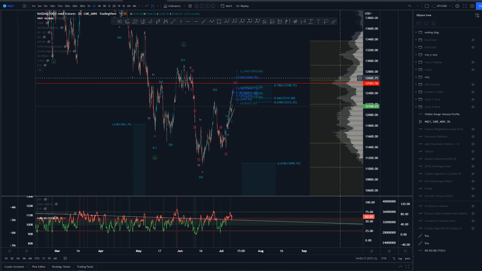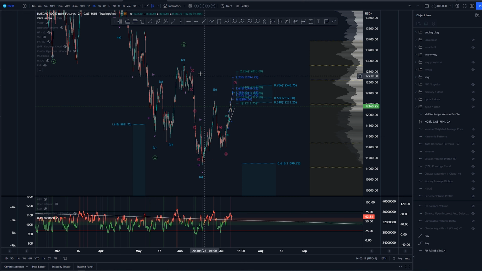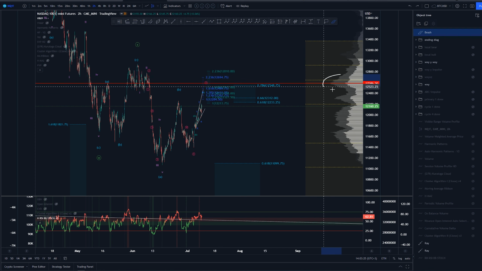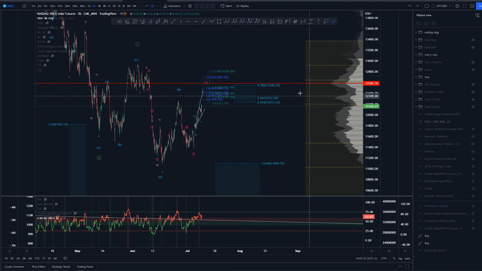Yeah, we have a point of control right around here where we have this previous consolidation area. So definitely a high volume node here. That would be right around the 786 retracement of this first move. So whichever route price action decides to take, this is definitely an interesting area to look for pivots.